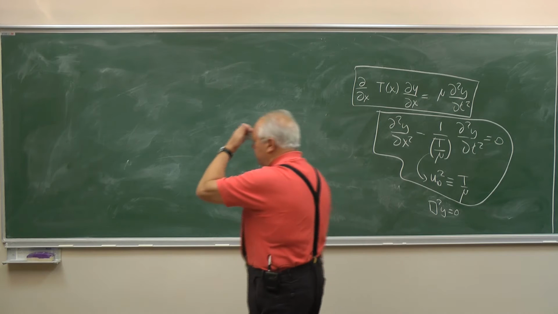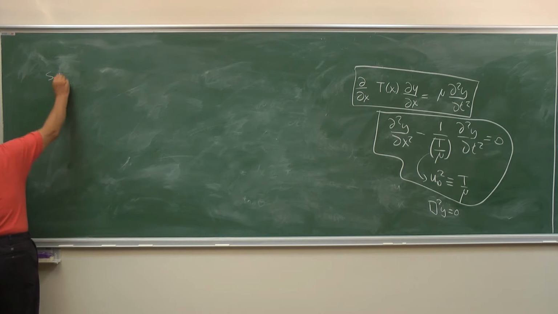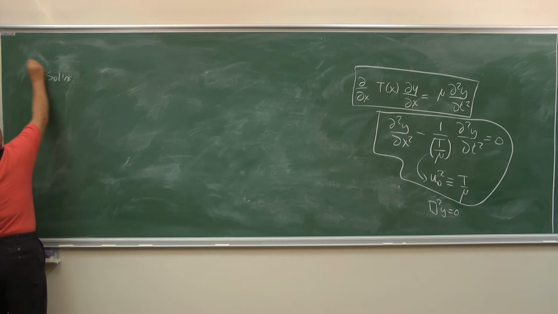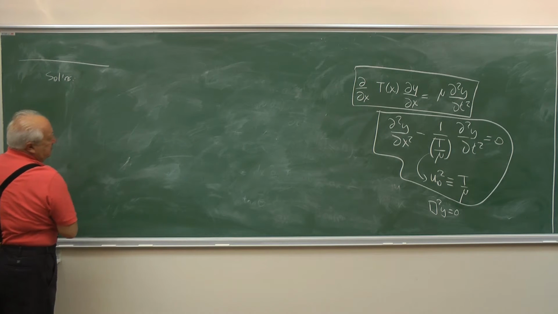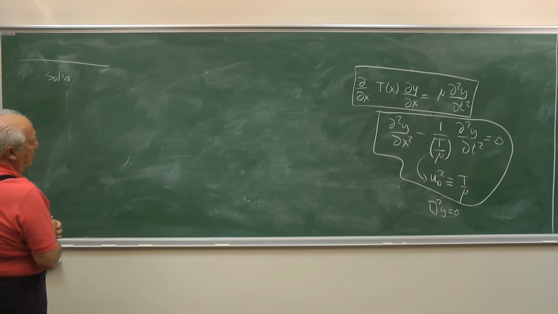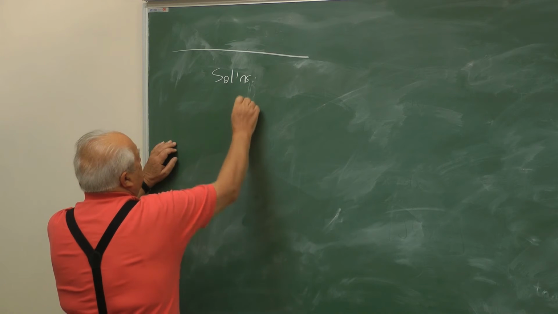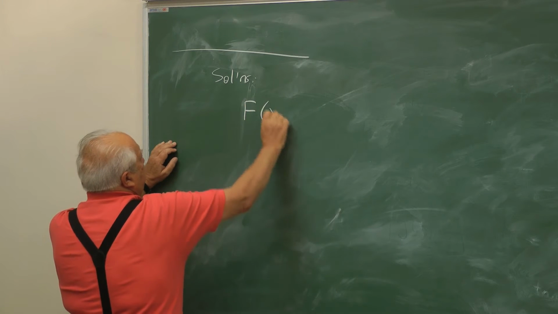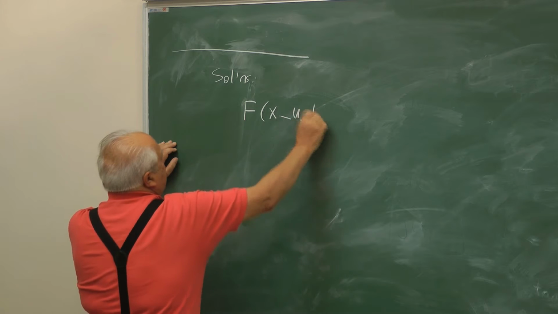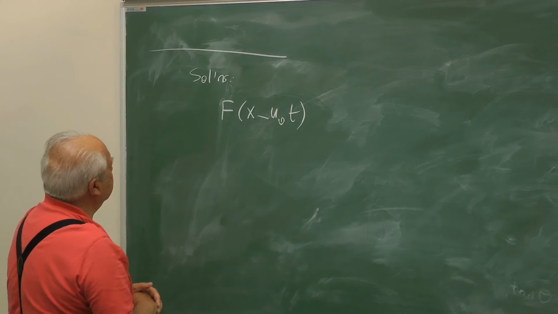And let us look for the solutions. Remember, we are considering an infinite string. No boundaries. So one can attempt such a solution: f(x minus u0 t). This is an arbitrary differentiable function.